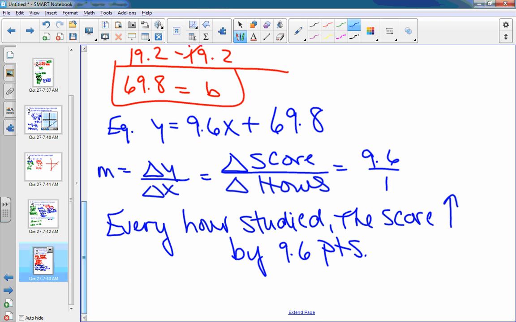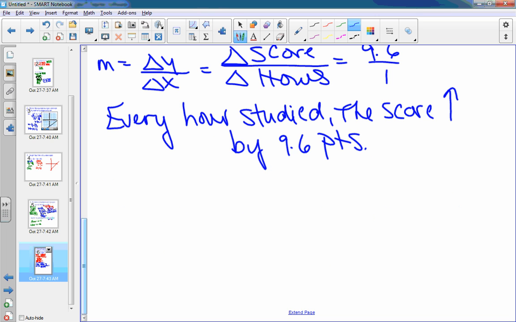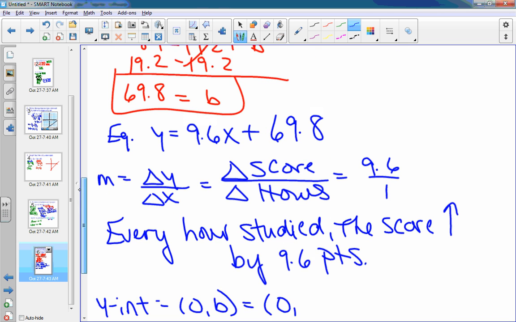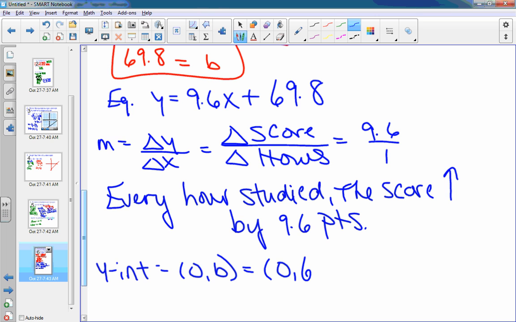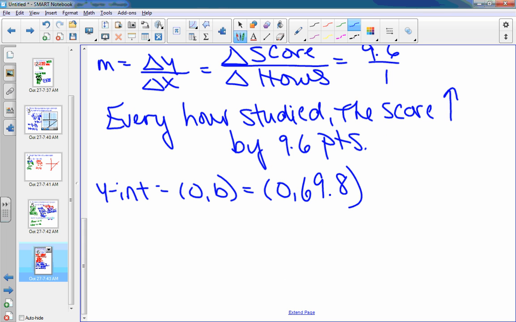Okay, what's your y-intercept interpretation? The y-intercept is going to be the ordered pair 0, b, which is 0, comma, what? Very good. What's x and what's y here again? X is hours studied and y is the score, so this is hours, comma, score. What does that mean?